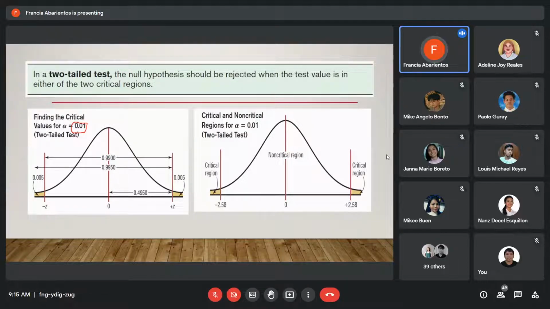You have that, so 0.05, and this is now your non-critical region from here to this one. Okay? Another example for a two-tail test niyan, makikita niyo sa kabila, this is now your shaded portion. This is the critical region on both ends of your distribution. Okay?